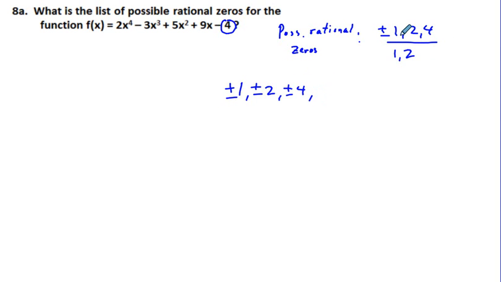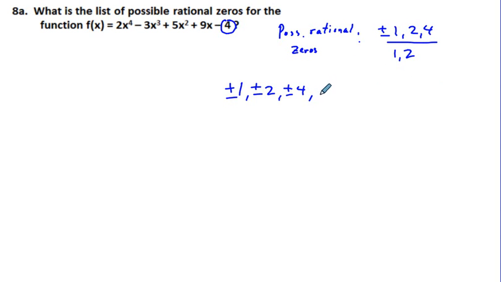Now we're going to concern ourselves with the over 2. 1, 2, 4, okay. So now we can have 1 over 2, 2 over 2, and 4 over 2.